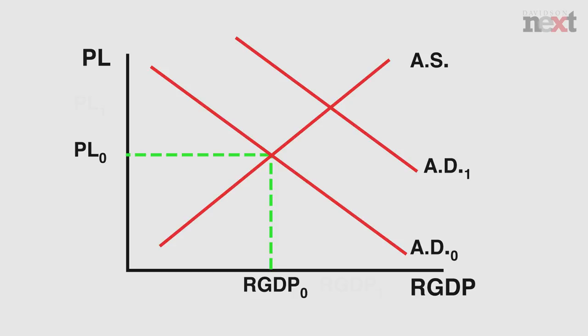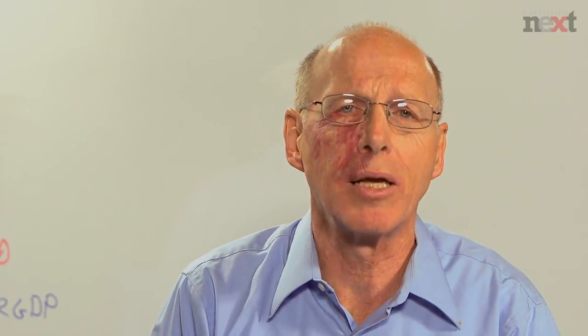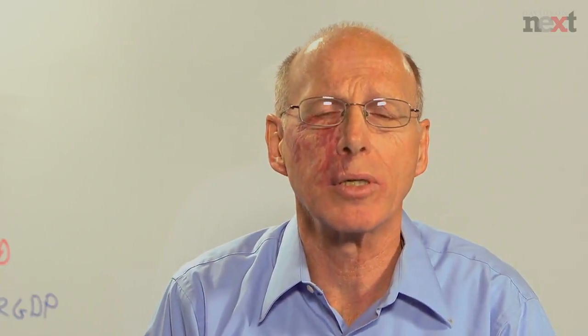But because aggregate demand has increased, we're no longer in a short-run equilibrium. At that price level PL0, now we find that the aggregate production of businesses, still represented by our GDP subscript 0, is less than the aggregate quantity of goods and services that households, businesses, and government are wanting to purchase.